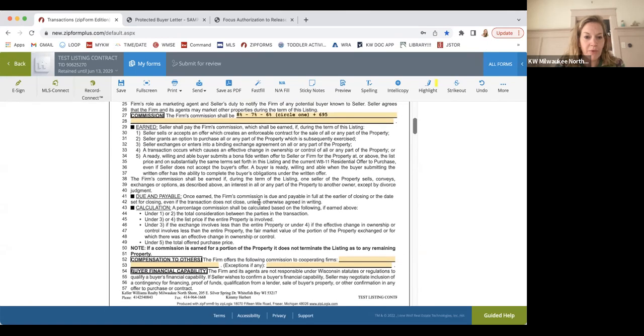The one I want to point out here mostly, and I don't want to go down a rabbit hole here, but we have been in a position where an offer comes through, and again, it's higher than the list price or at the list price, and the seller decides not to sell, we have been in a position where we would possibly enforce that and require a seller to still pay us a commission, even though it does not close.